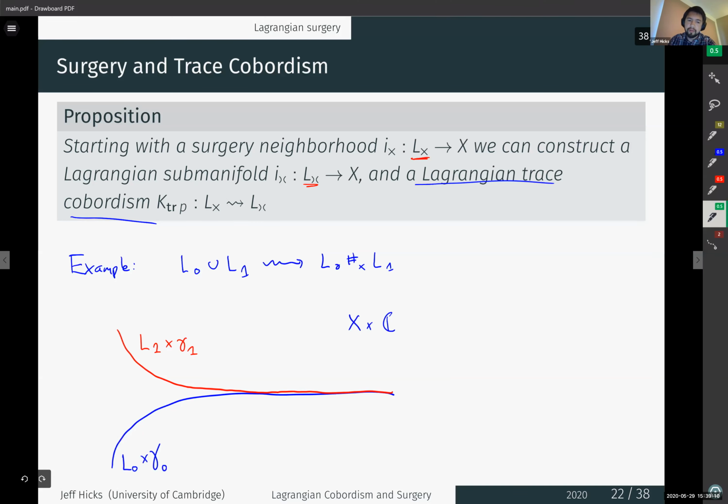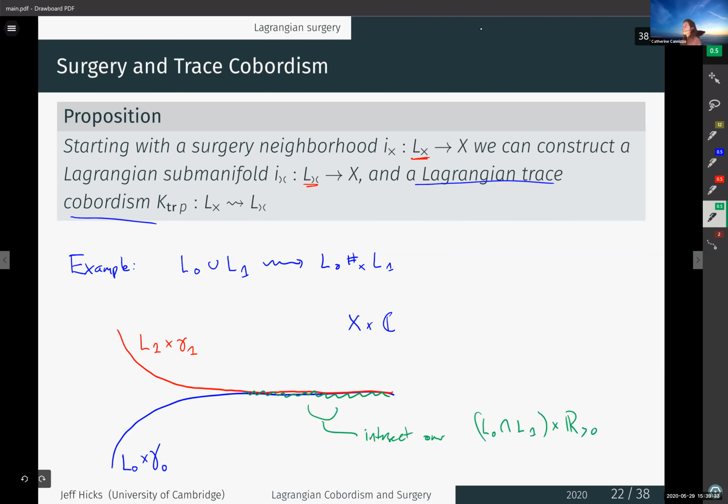And these two Lagrangians inside of X cross C intersect each other over a region L0 intersect L1 cross an array.